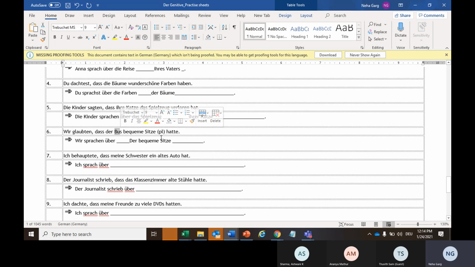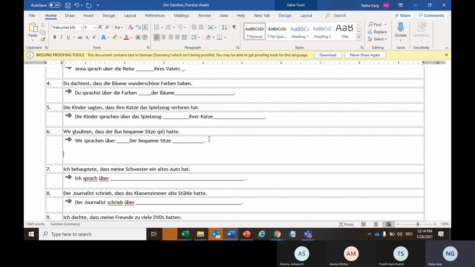In case you have to write the comfortable seats of the bus, then as an individual sentence you would write die bequeme Sitze, because this is plural and as an individual sentence this will be nominative.